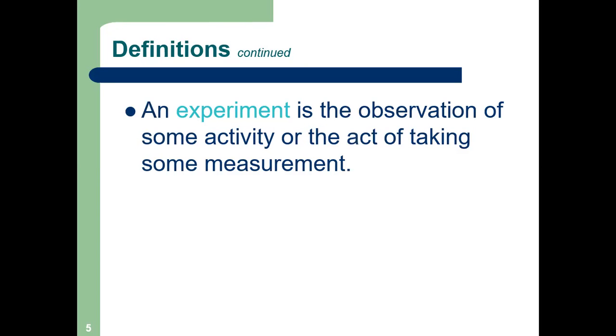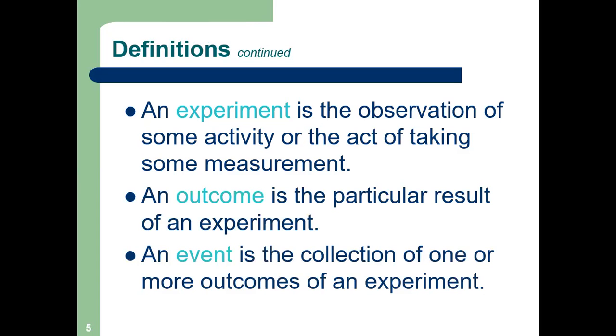Okay, there are some important terminologies used in statistics or in probability concepts. One is experiment, outcome, and event. Experiment actually is the process of observing an activity.